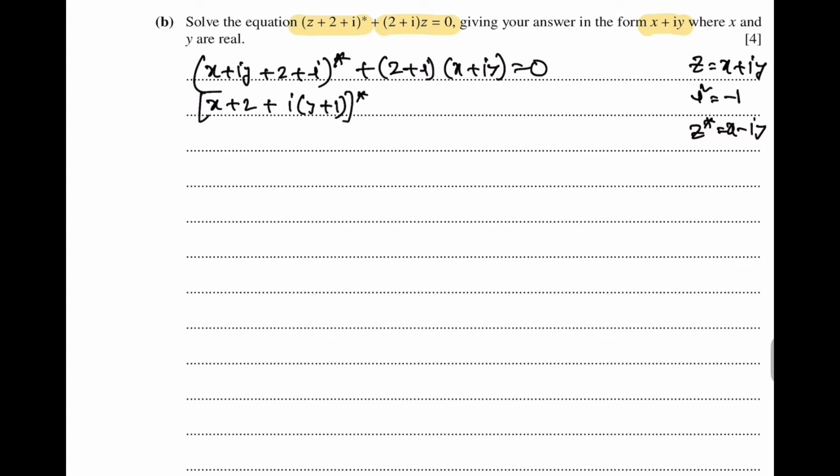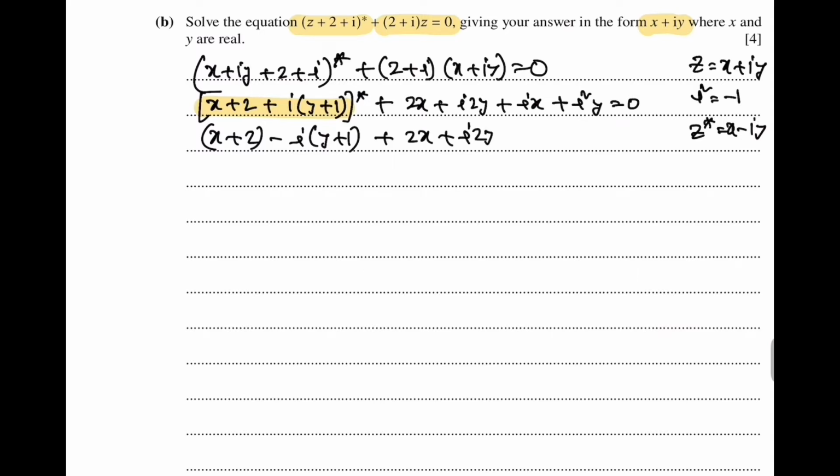We can multiply: 2x plus i2y plus ix plus i square y equals 0. So the complex conjugate of this part is x plus 2 minus i times y plus 1, and we can write all this, minus y equals 0.